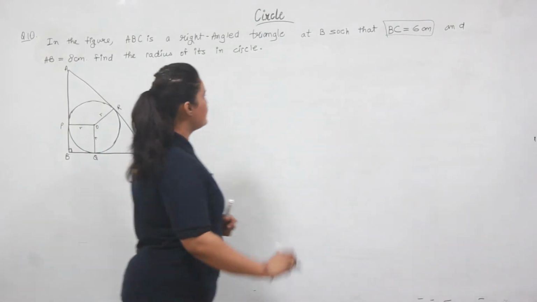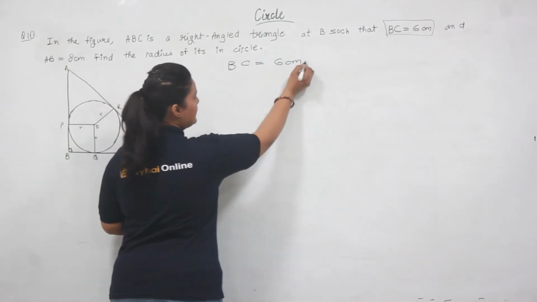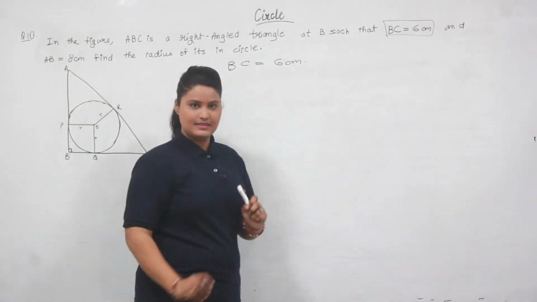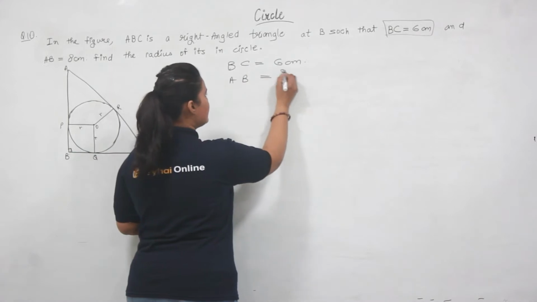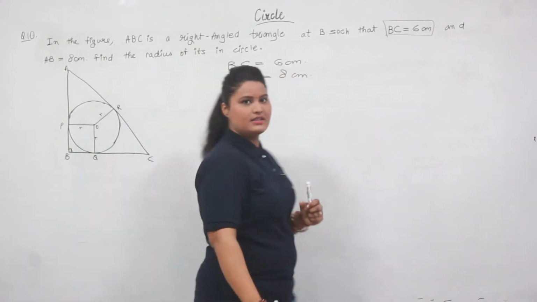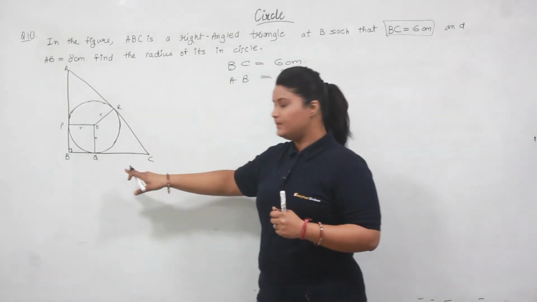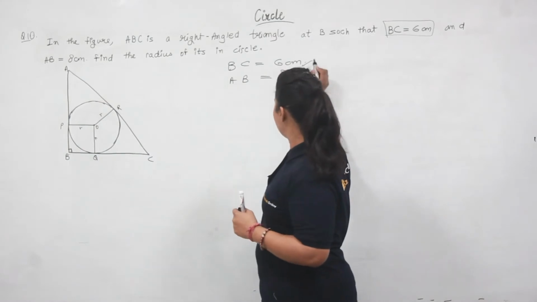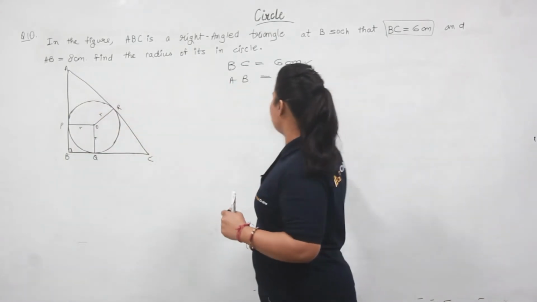What all is given? BC is equal to 6 centimeter and AB is equal to 8 centimeter. So we can say that the base is given because it is a right angle triangle. BC, which means base, is given as 6 centimeter and AB, which means perpendicular, is given as 8 centimeter.